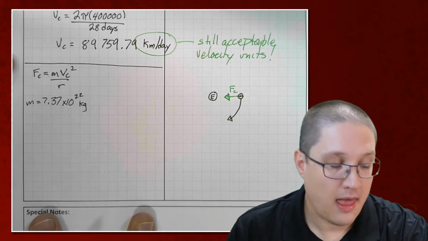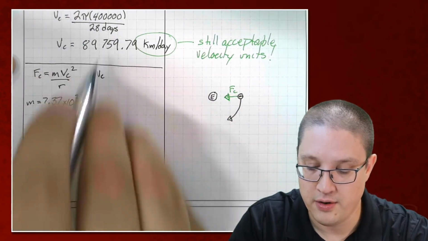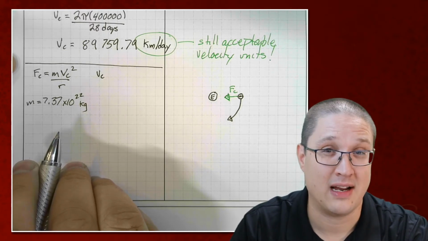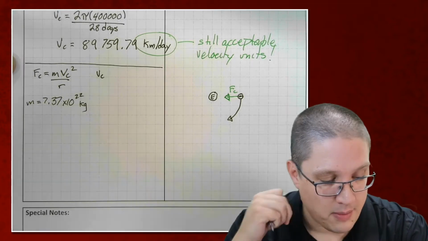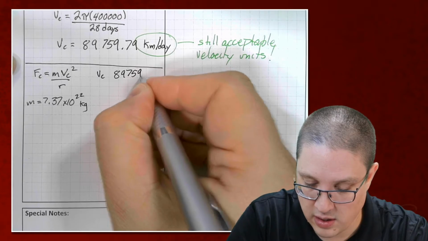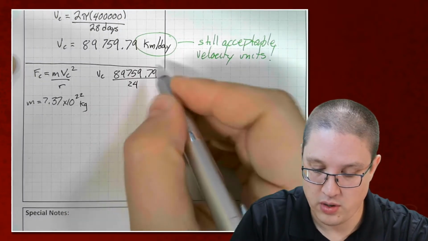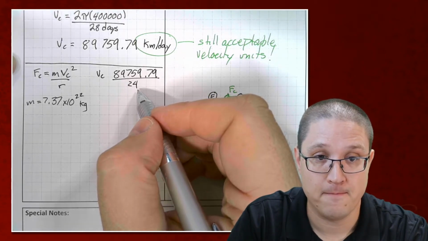My velocity I have here, but I need to find that in meters per second. Otherwise, this is going to give me weird units for force. So I'm going to convert this. If I go 89,759.79 divided by 24, this is kilometers per day, and there are 24 hours in a day.